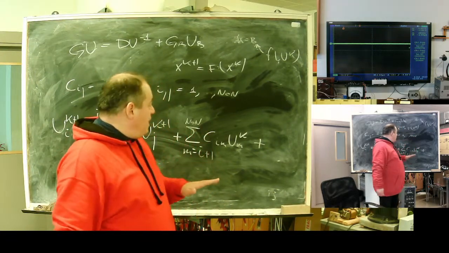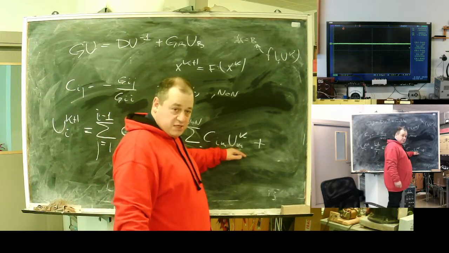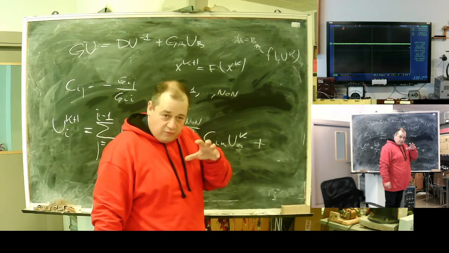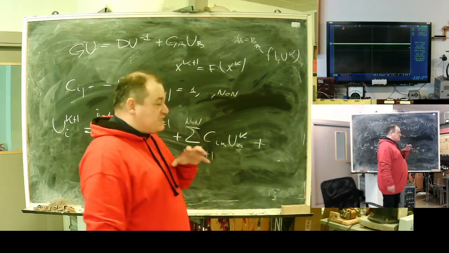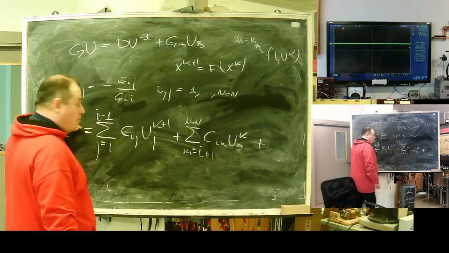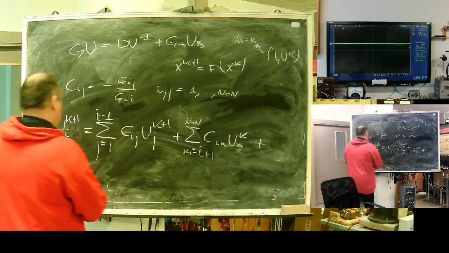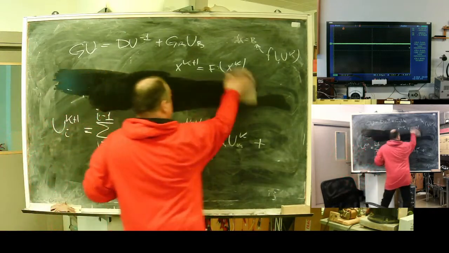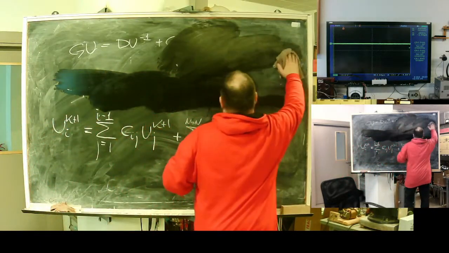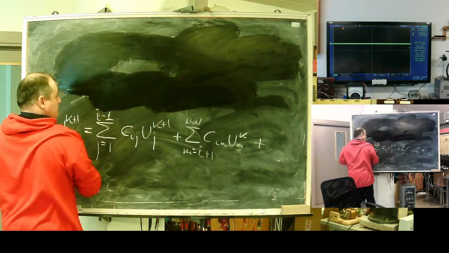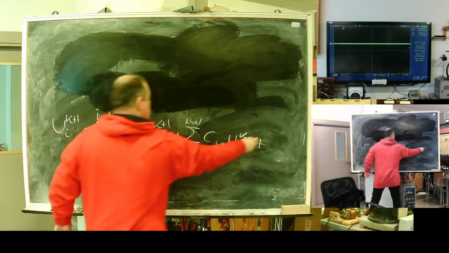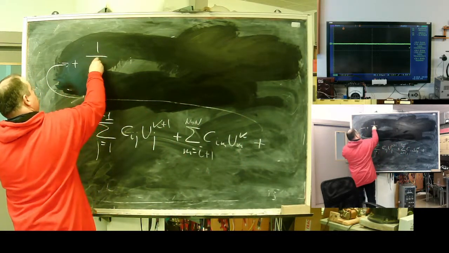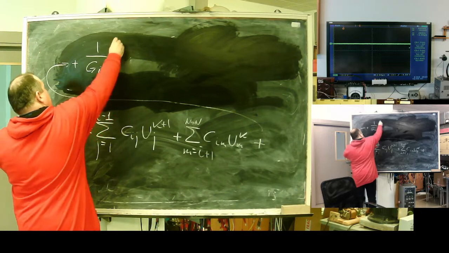In each step, I can use the previous, less precise voltage to obtain magnitudes of current sources, and this way calculate the new, more precise voltage. So it goes here plus 1 divided by i.